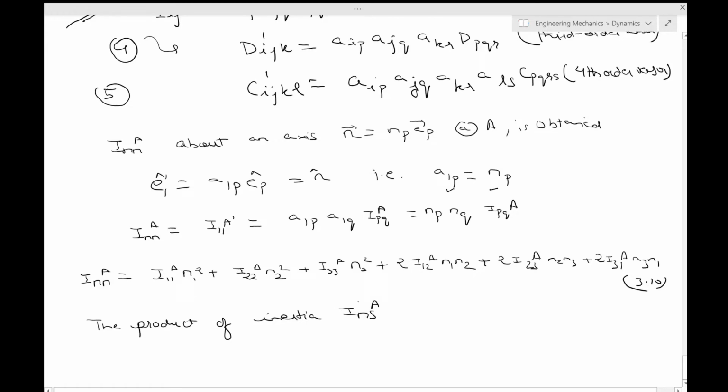Ins, okay, about orthogonal axes n and s. So s can be, say, equal to s_q e_q at A.